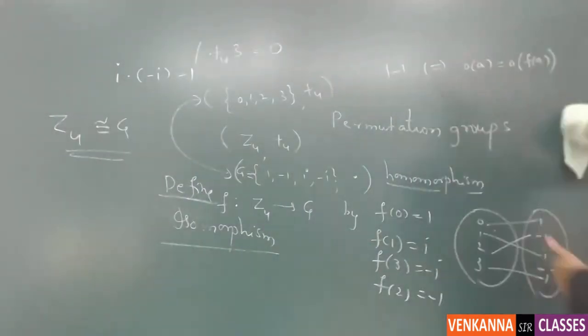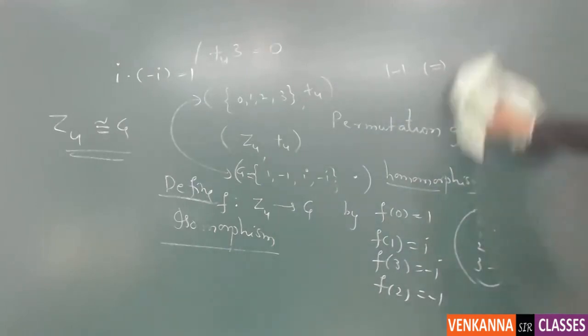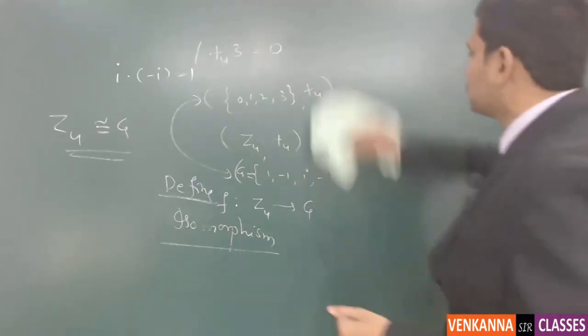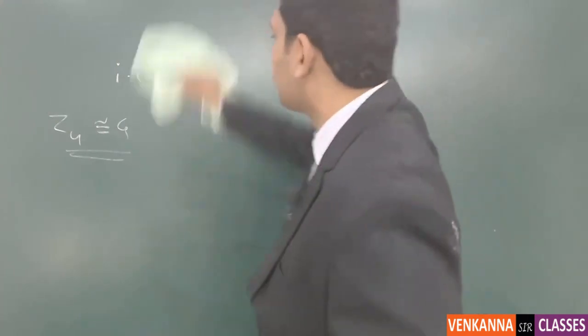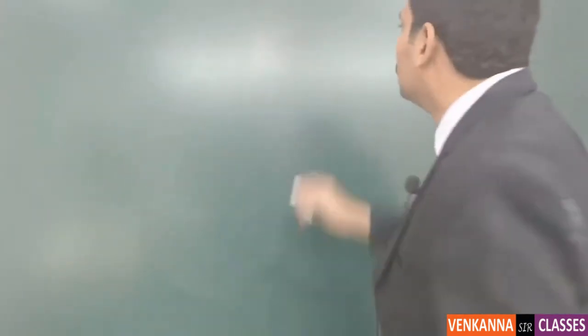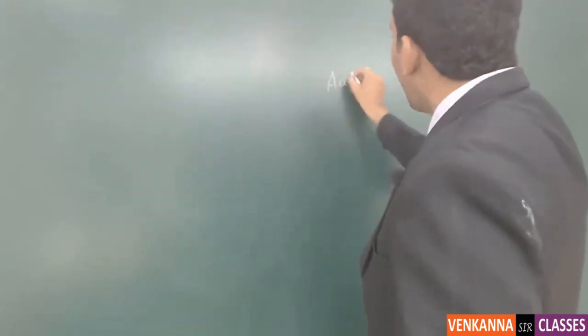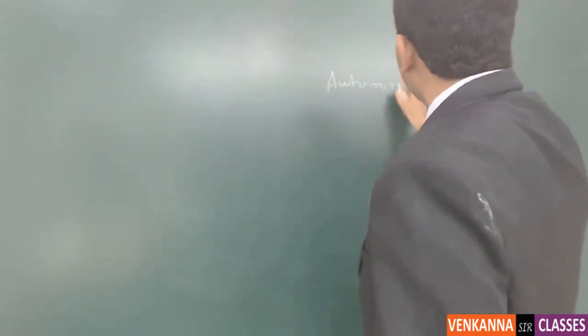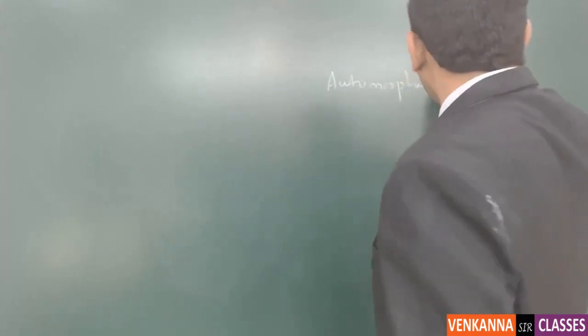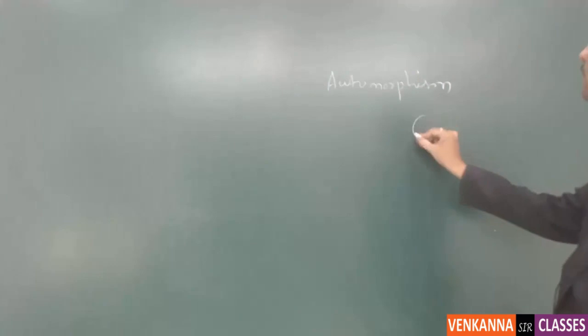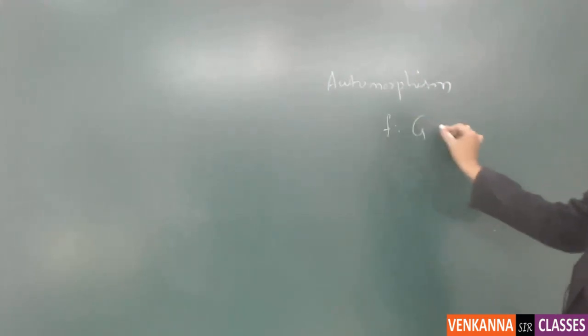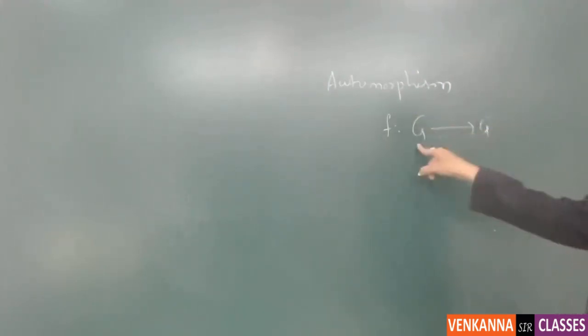Now, the other definition is, as you know, what is meant by an isomorphism. We have one more word called automorphism. So this is nothing but an isomorphism on the set itself.